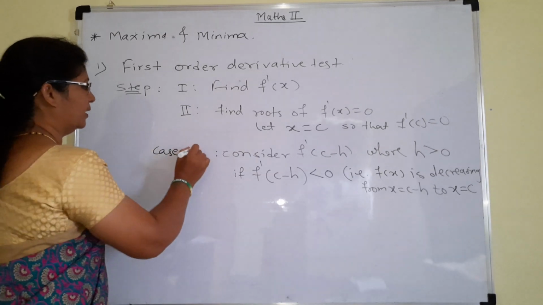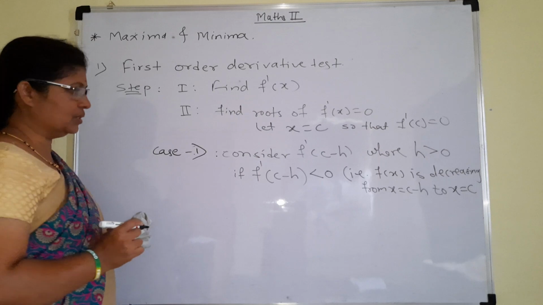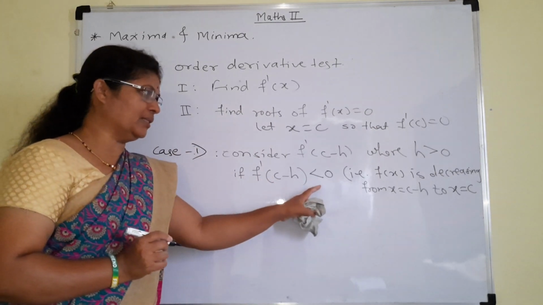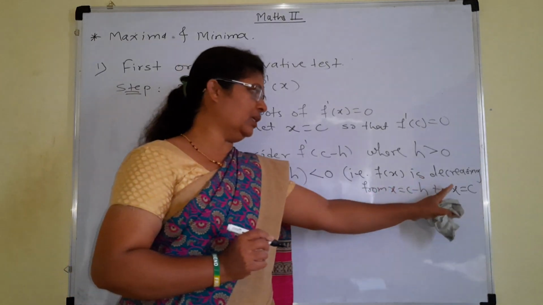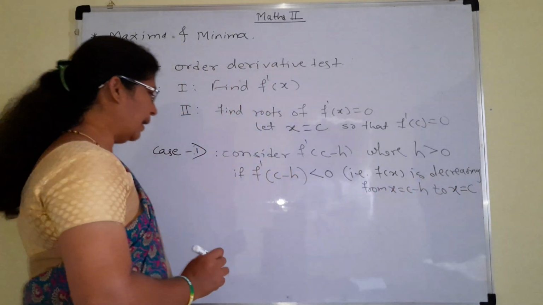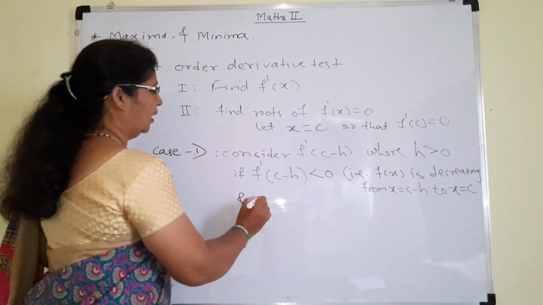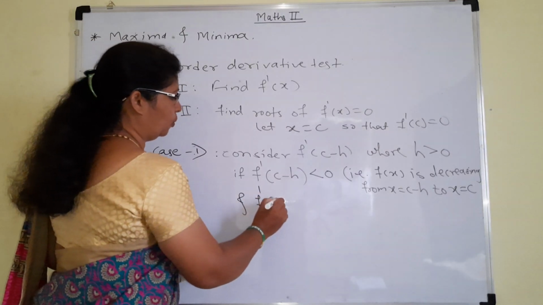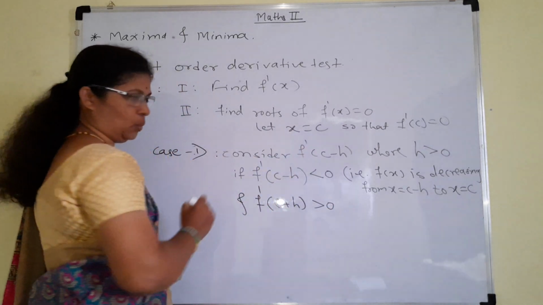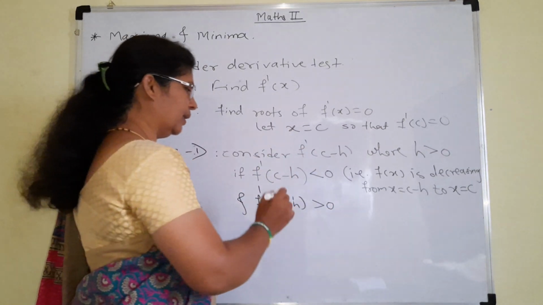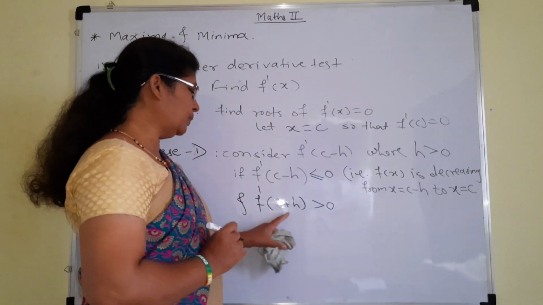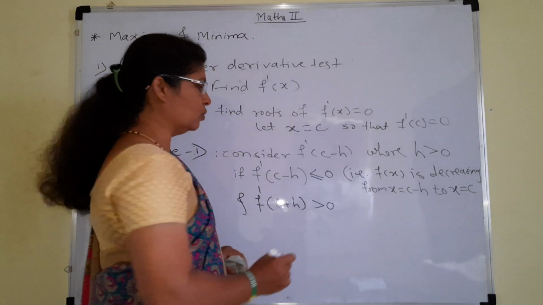This first I will write in another form. Okay, case first. What happens? f dash of c minus h is less than 0, means the function is decreasing from x equal to c minus h to c, and f dash of c plus h is greater than or equal to 0.